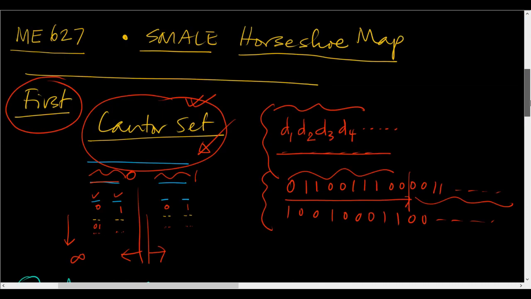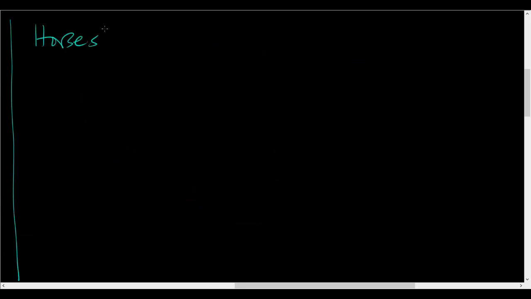Now we come to the horseshoe map. You can think about it first like this.